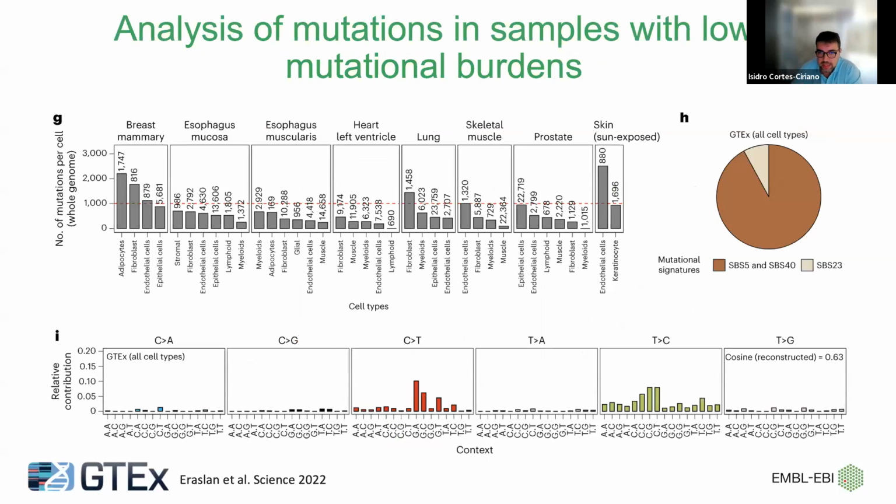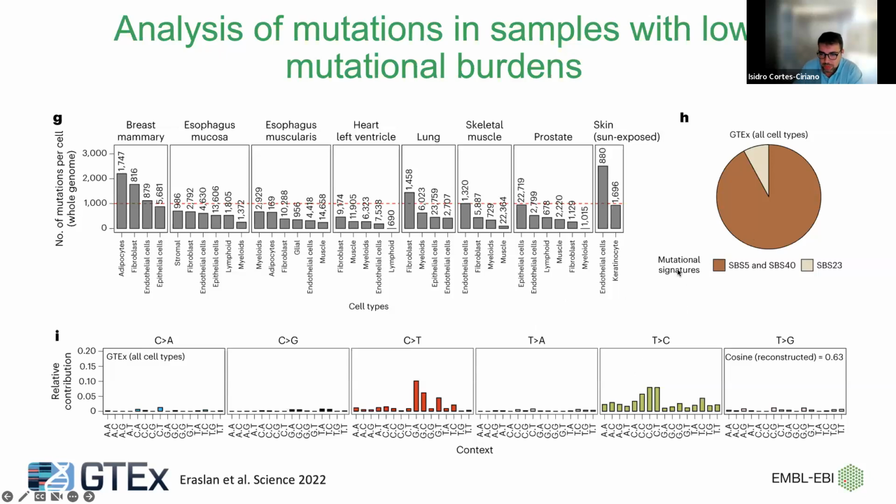We next were very lucky, working on this project, when the single cell GTEx dataset came out, and this is single cell RNA sequencing data from various individuals and from multiple tissues. And by applying SomaticSeq, we could identify that the mutational signatures that we detected in the mutations called by SomaticSeq were consistent with DNA sequencing studies of normal samples, primarily.